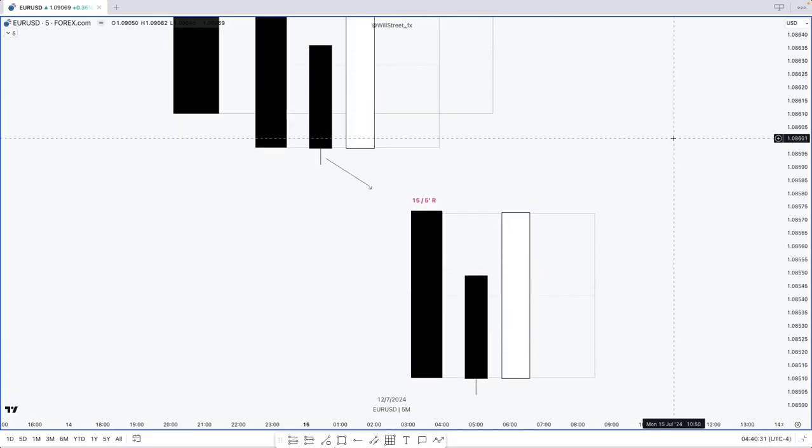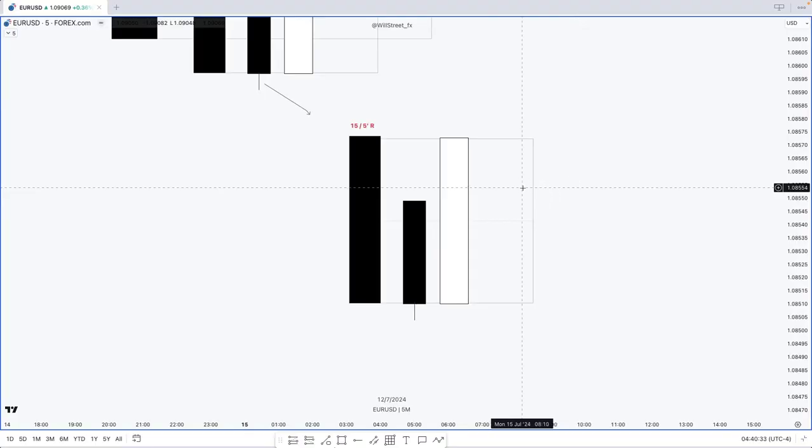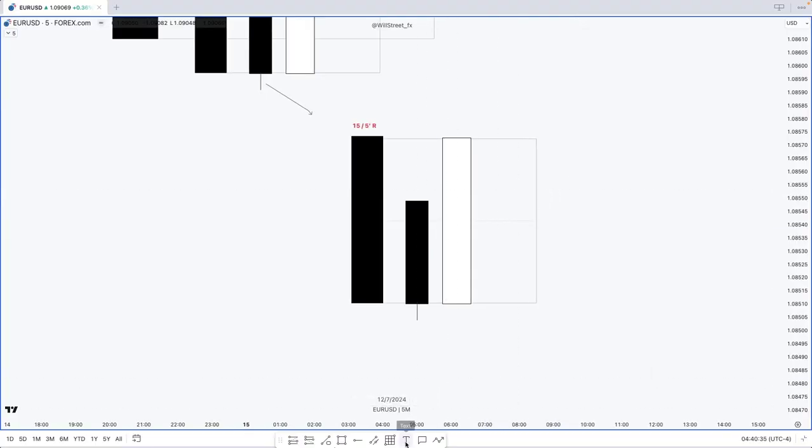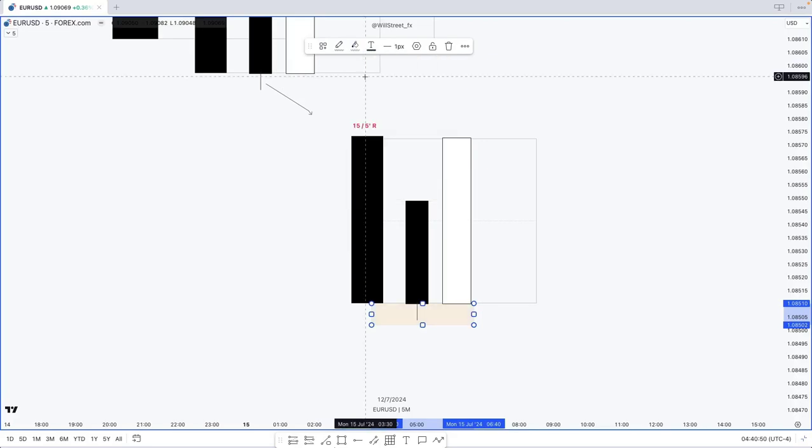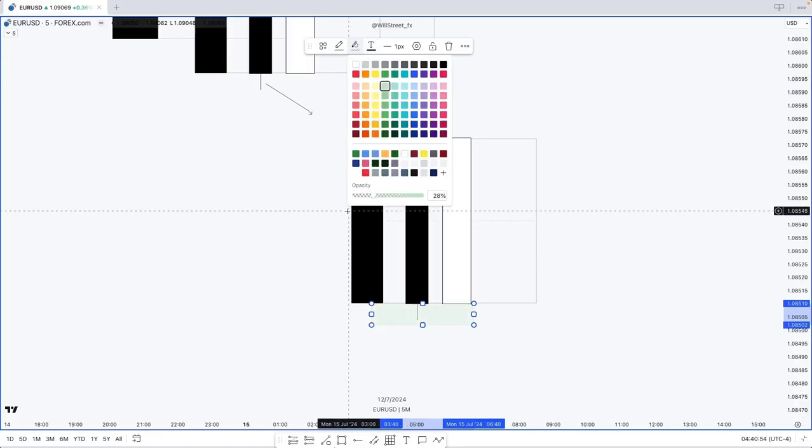So now let's see which is the sequence to find our entries. First of all, we are bullish, so the first one, what is it? Turtle soup is always the best or the most optimal entry.